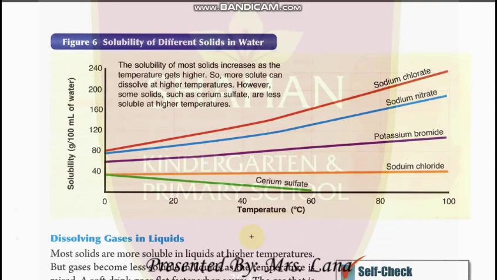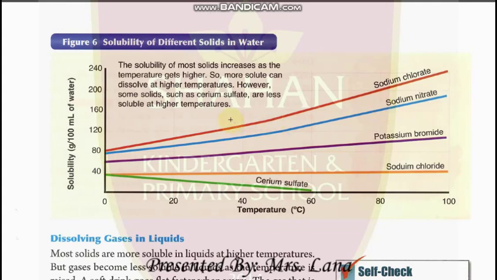The solubility of most solids increases as the temperature gets higher, here from 0 to 100 degrees. So more solute can dissolve at a higher temperature.